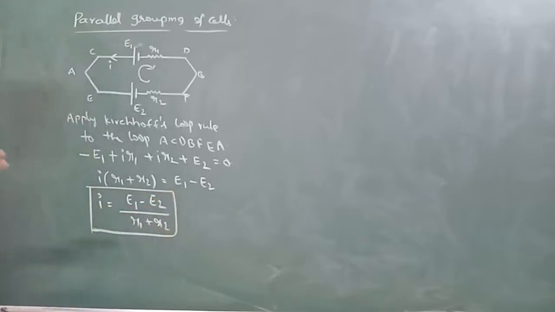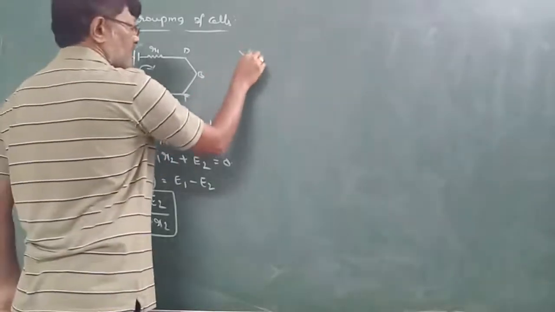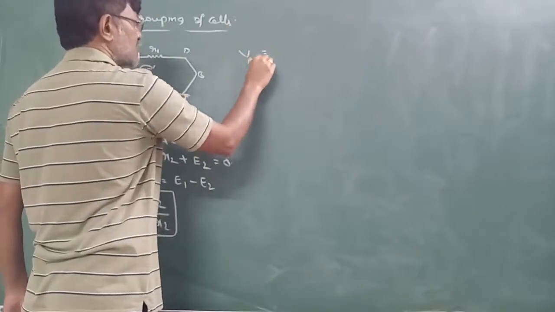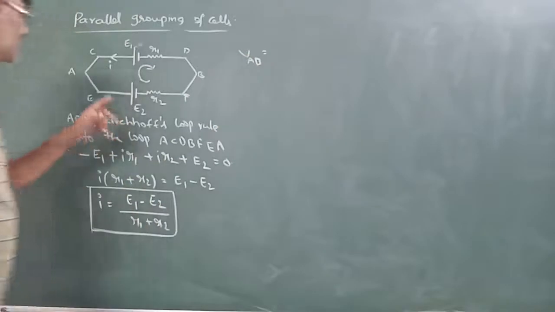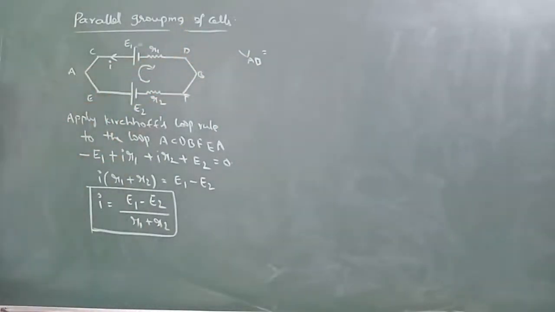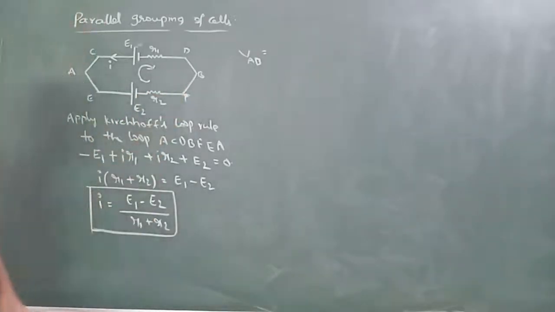Now we want to find the potential difference between A and B. So VAB is equal to, since the cells are parallel, the potential difference across both cells is same. When the cell is discharging, the formula is E minus IR.